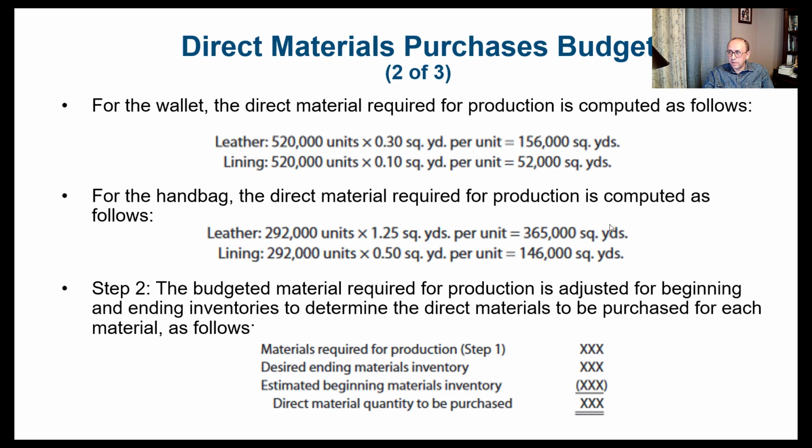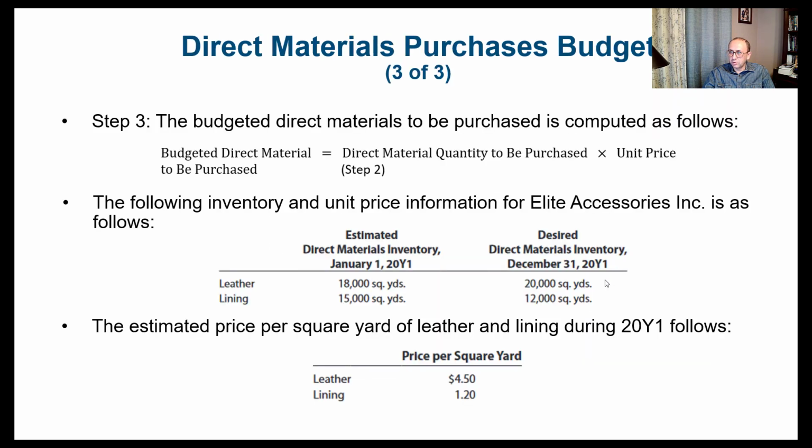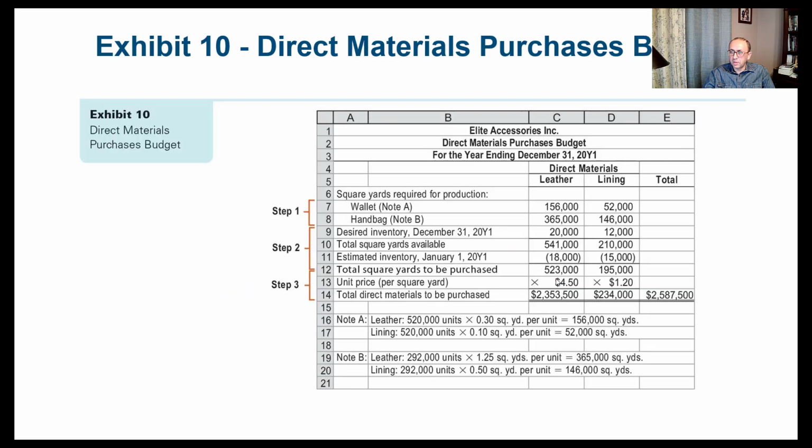Okay, so these four values are represented here again in the bottom part of the Excel sheet. So we get the 156,000, the 365,000, the 52,000, and the 146,000. We add to that the desired ending inventory of material, 20,000 and 12,000, which were also given to us here, the desired values for the leather and the linings.